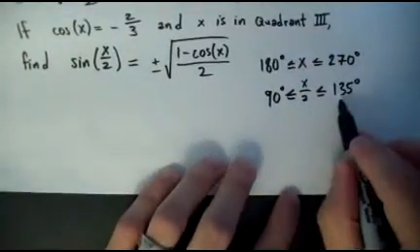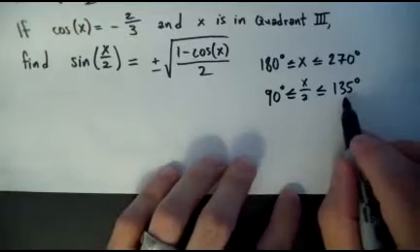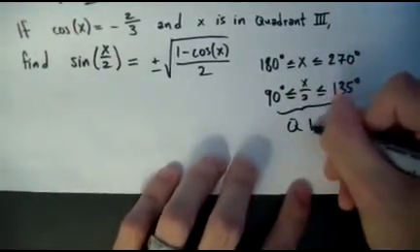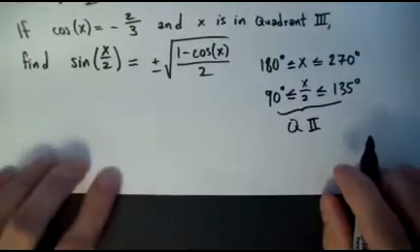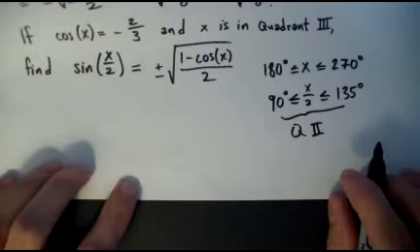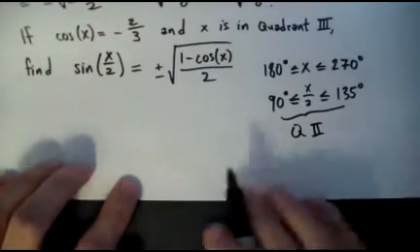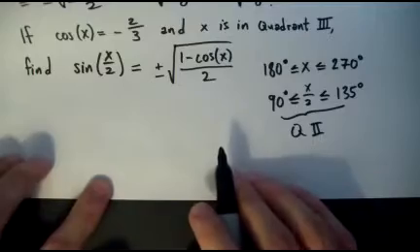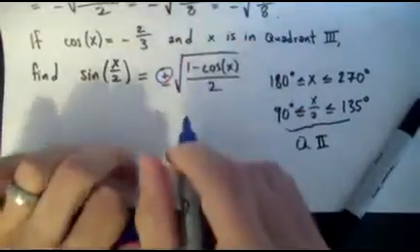And what is that? That is an angle that falls in quadrant 2. And so knowing that x over 2 is in quadrant 2, that's a place where sine is positive, right? We know because sine corresponds to the y values, and in quadrant 2, y is positive. And that's all we need.